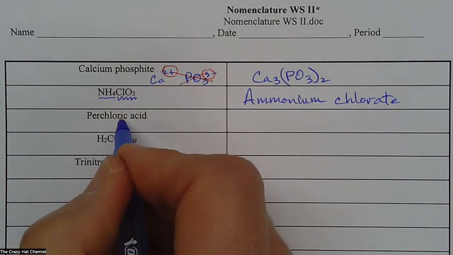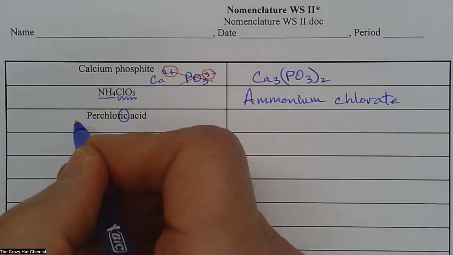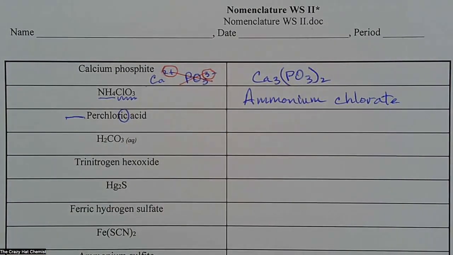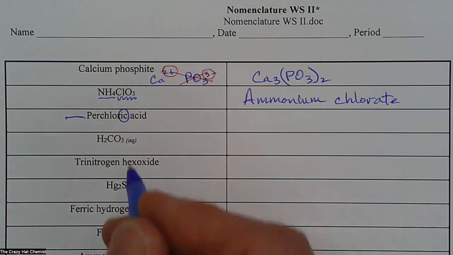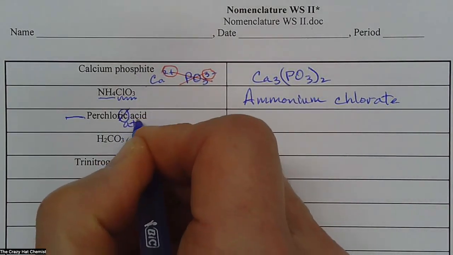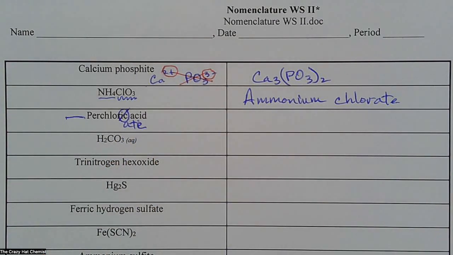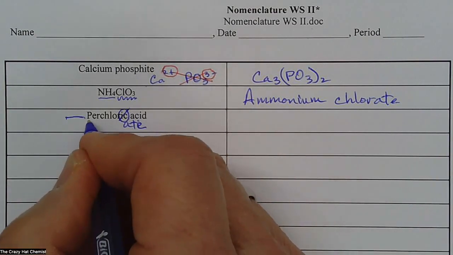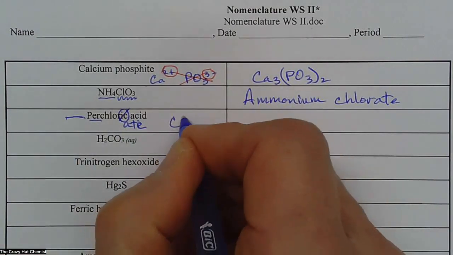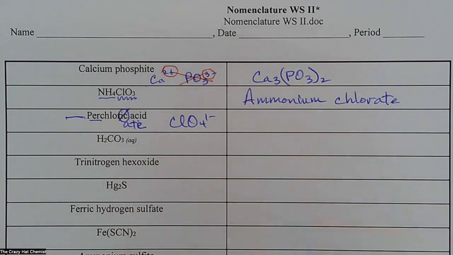Okay, the next one is perchloric acid, and it does not have a hydro in front of it, so therefore it must be a polyatomic ion, and I'm going to be looking for the perchlorate ion. The perchlorate ion is ClO4 1-.